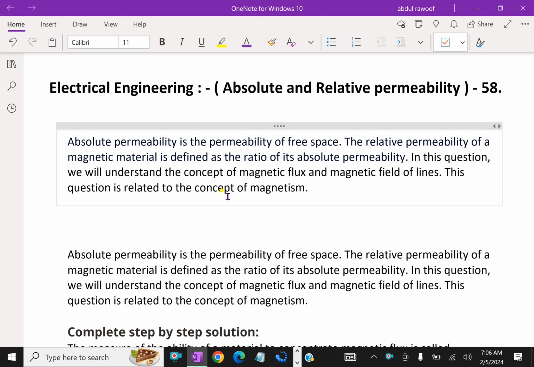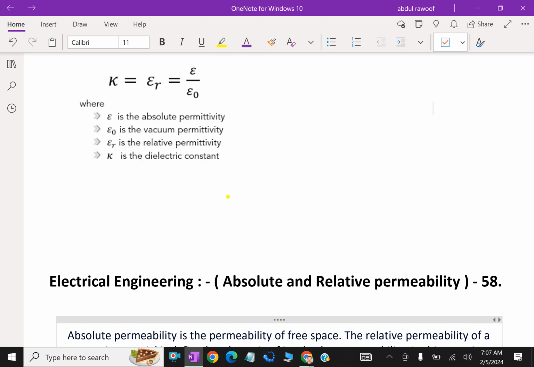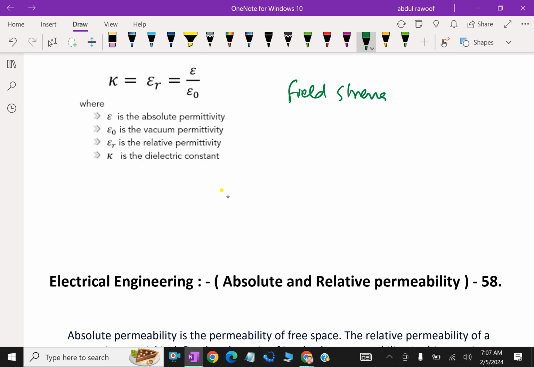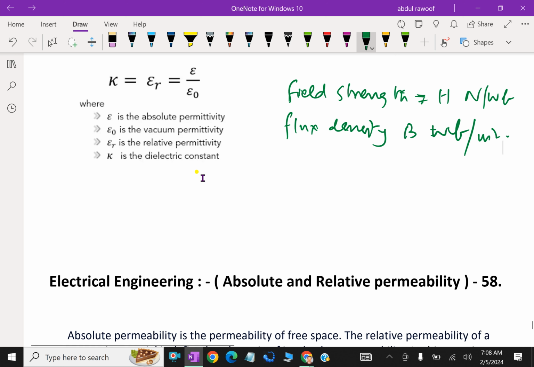Suppose a flux density B Weber per meter squared is developed. What happened to that bar?